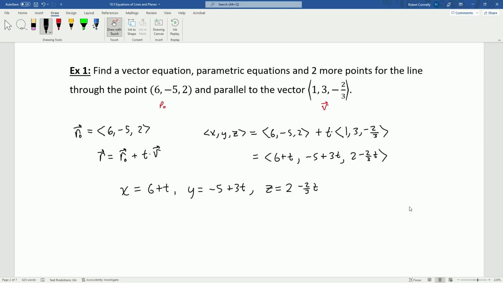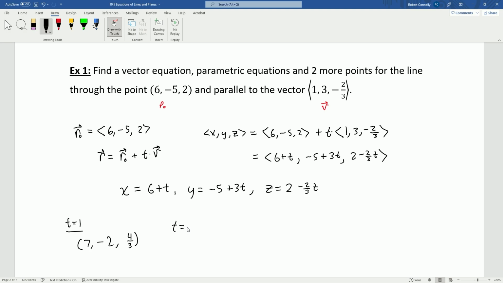Okay, so now if we want to find 2 more points for the line, we can just pick some t values that don't correspond to our initial vector here, right? So not t equals 0. So how about we just go for t equals 1? And what do we get there? Well, if we plug that in to our parametric equations, we get 7, negative 2, negative 5 plus 3, and then that's going to be 2 minus 2/3, so that should be 4/3.